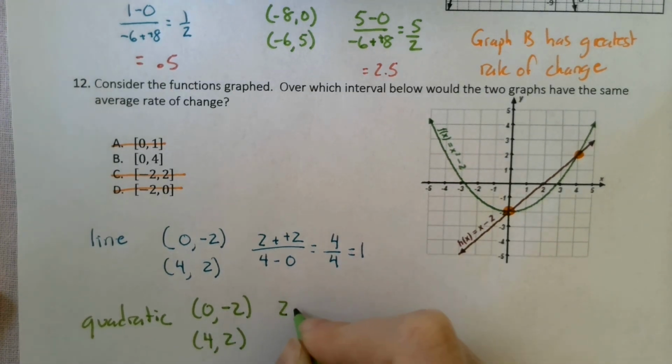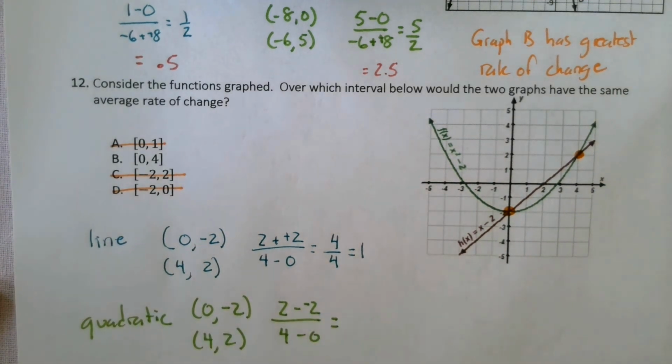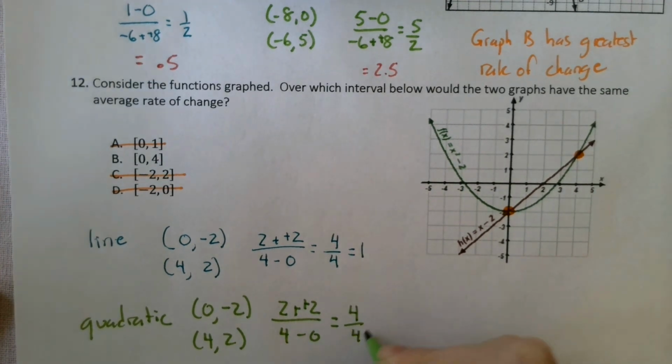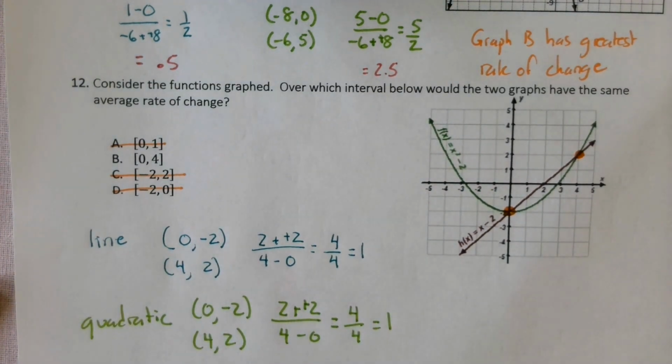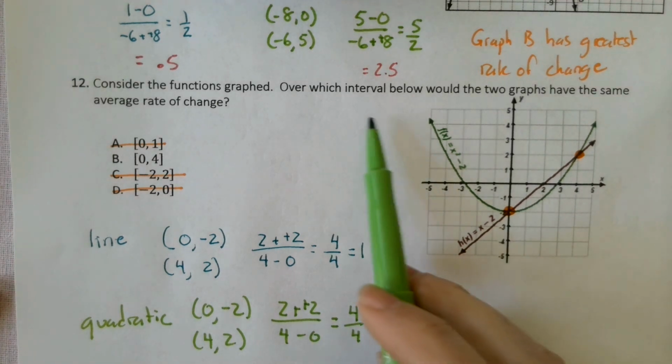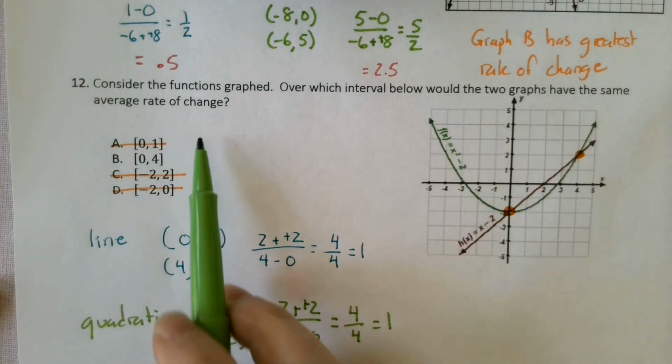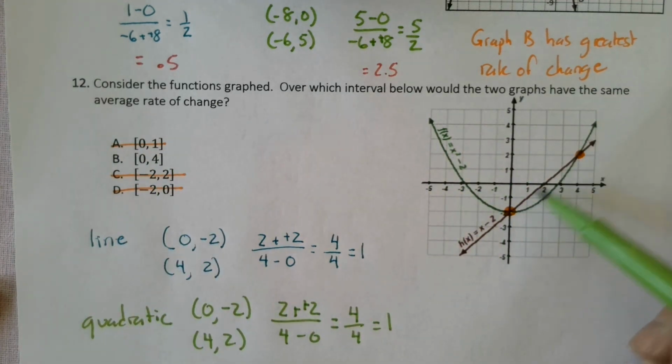And that's going to be 2 minus negative 2 over 4 minus 0. You see where this is going, right? Positive, positive, 4 over 4, which equals 1. Okay? So whenever you get the question that asks which ones have the same average rate of change, look for the same points. Okie doke.